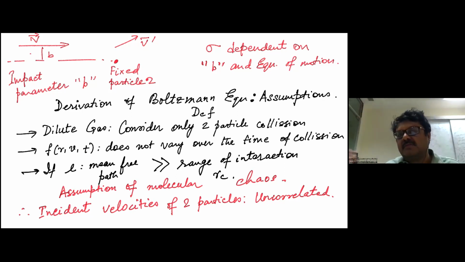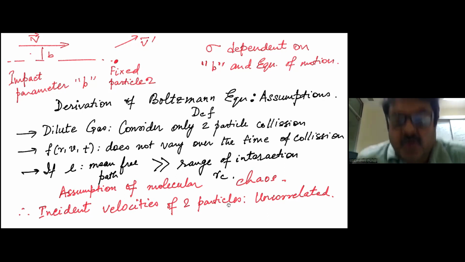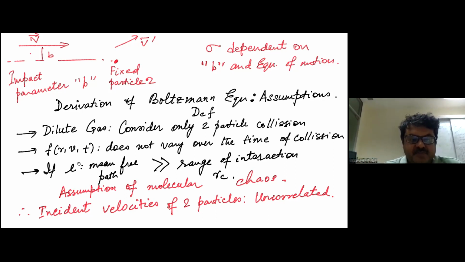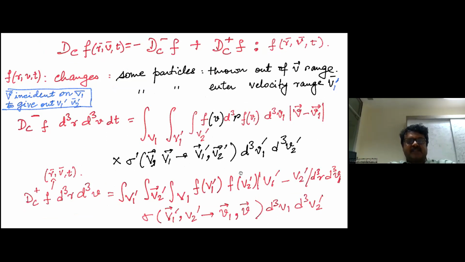But we say that each had some collision with some other particles, then they are moving with velocity v1 and v2, coming for a quick collision, and then dissipating away with velocity v1 dash and v2 dash, right? So the incident velocities of the two particles are uncorrelated, and for that you need the assumption of molecular chaos, which says that the mean free path is much greater than the range of the potential r_c, right?